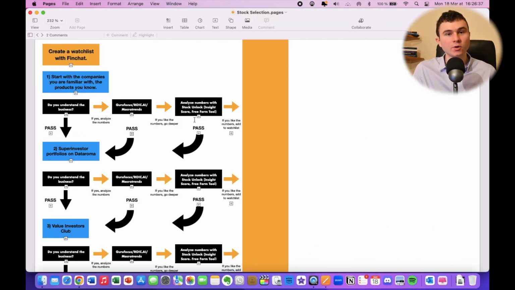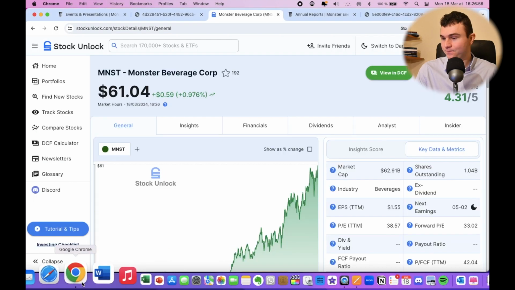We've seen some good numbers. We've seen some good information on Stock Unlock. With the insight score, we raised a question about intangibles. Now let's see the freeform tool.